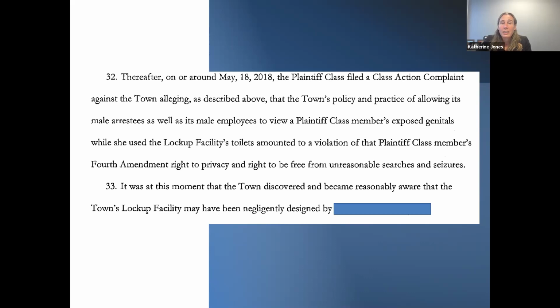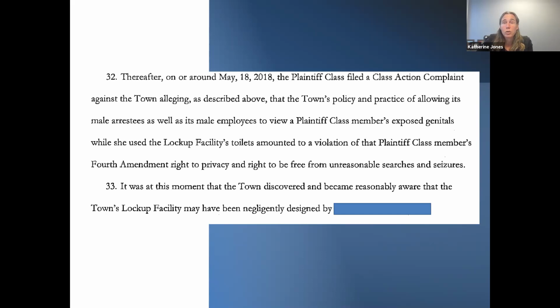And the allegation was that the architect didn't design it properly because they didn't understand the constitutional rights of the prisoners. So there are a couple of things going on here. One is, when you are designing a municipal lockup facility, is a pre-arraignment prisoner somebody that is foreseeable to you?